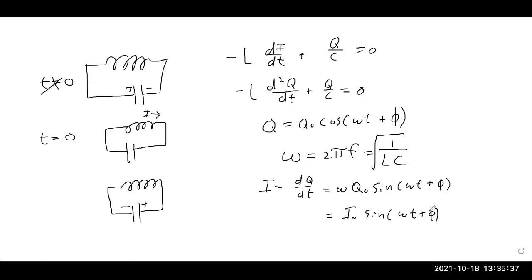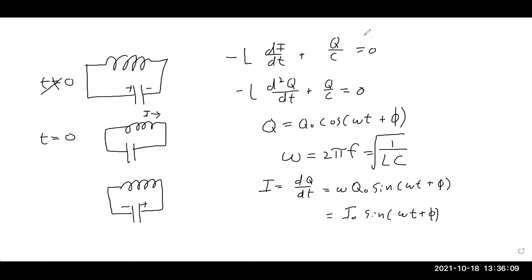In this case, Q0 and I0 are not necessarily initial current and initial charge, but rather maximal current and maximum charge. Because you could start with 0 current, but just charge on the capacitors, and eventually you would get some current. Or 0 charge on the capacitors, but just some current, which would lead to some charge being built up on the capacitor plate.